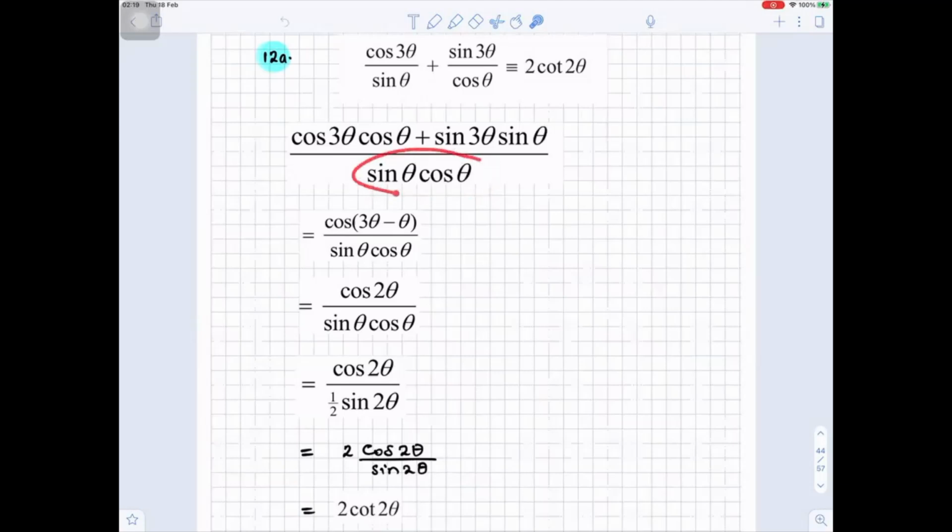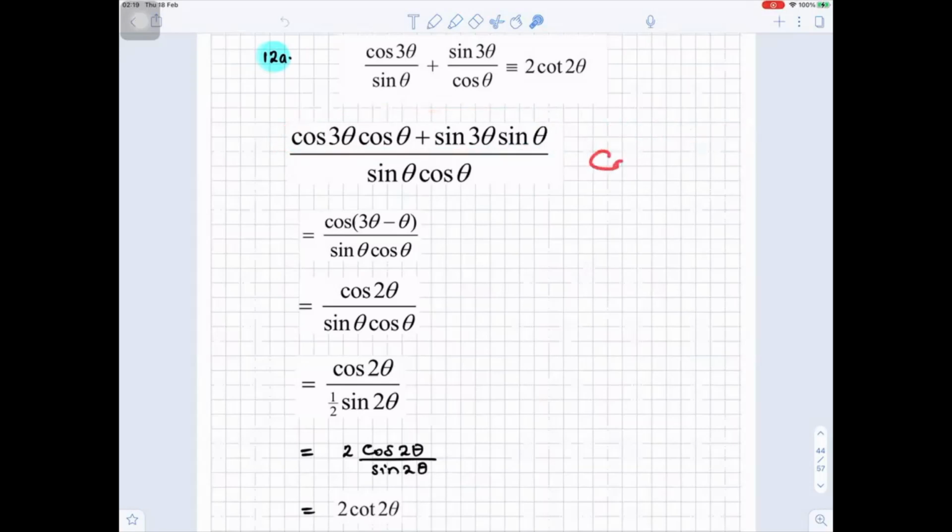So when you divide sin theta cos theta by sin theta, you're left with cos theta and cos 3 theta there. And you do the same, you have sin 3 theta and sin theta. So the numerator we can write as cos of 3 theta minus theta.